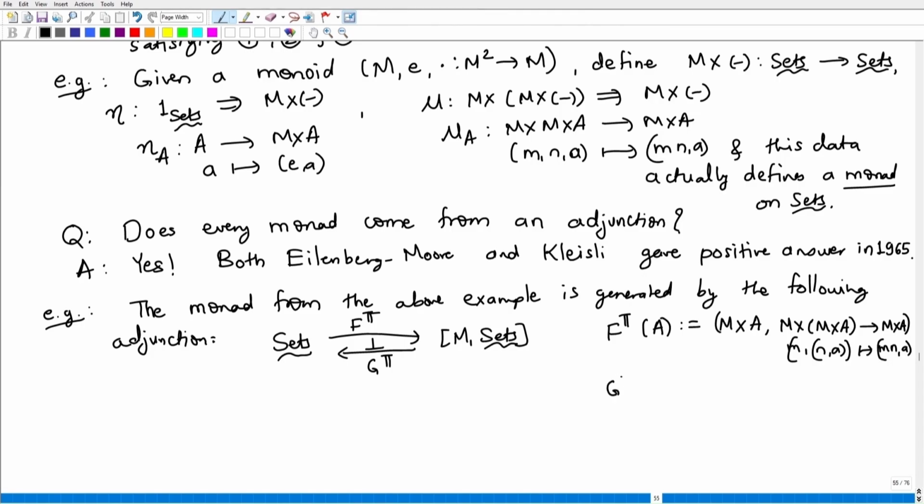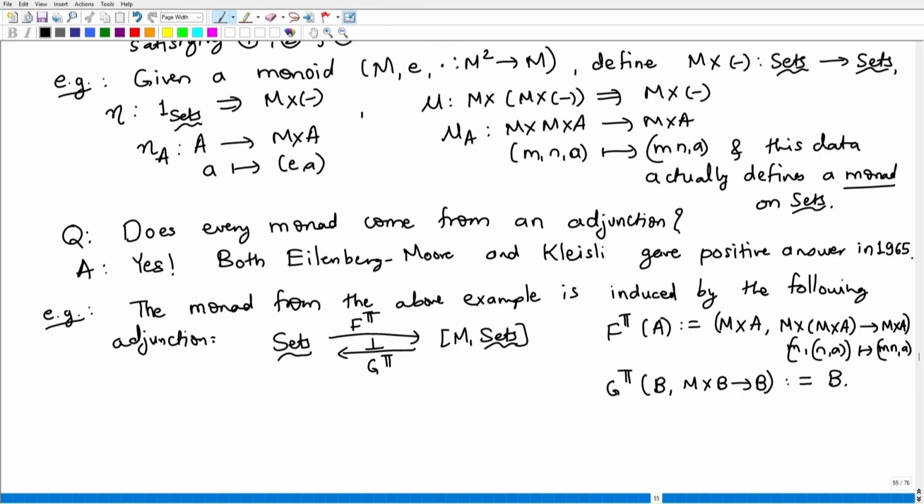And G upper T is always taken from the underlying set of the monoid act together with the action map. It simply forgets the action and remembers B. So I will leave it as an exercise for you to verify that this adjunction indeed induces this monad T. Maybe generates is wrong, I should say induced by.